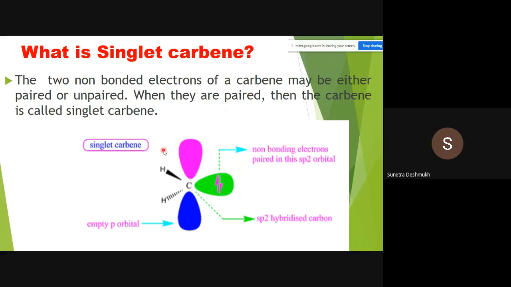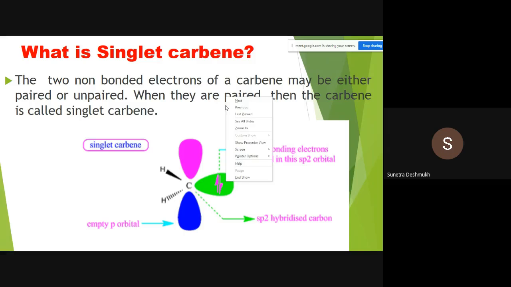This is the atomic orbital representation of the carbene, in which you can see the singlet carbene with an empty p orbital and the non-bonding electrons paired in the sp2 hybridized orbital. In singlet carbene both electrons are paired, and due to that we call it singlet carbene.